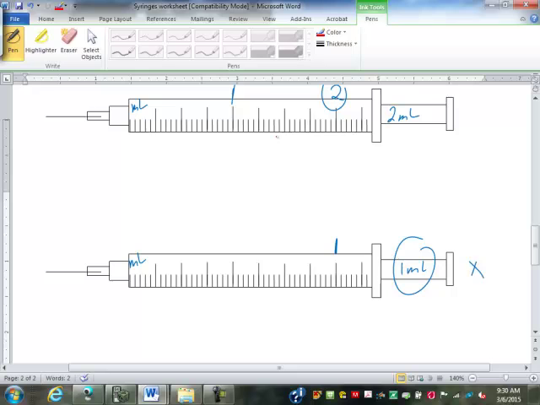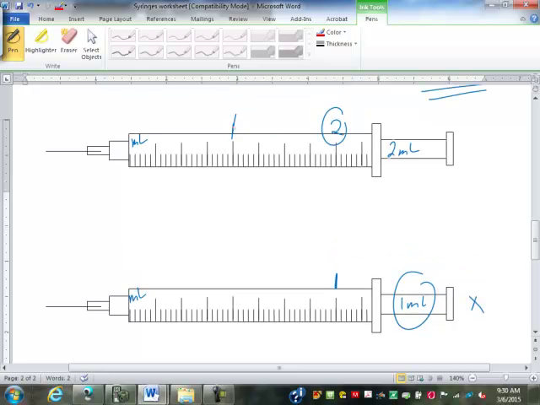Let's go through each of these and figure out what each division represents. So up here, from 1 to 2, 2 minus 1 is going to be 1 milliliter. The number of divisions, well, we've already counted there's 5 in that set. So 5, 10, 15, 20. Dividing by 20 gives us 0.05 milliliters per division.